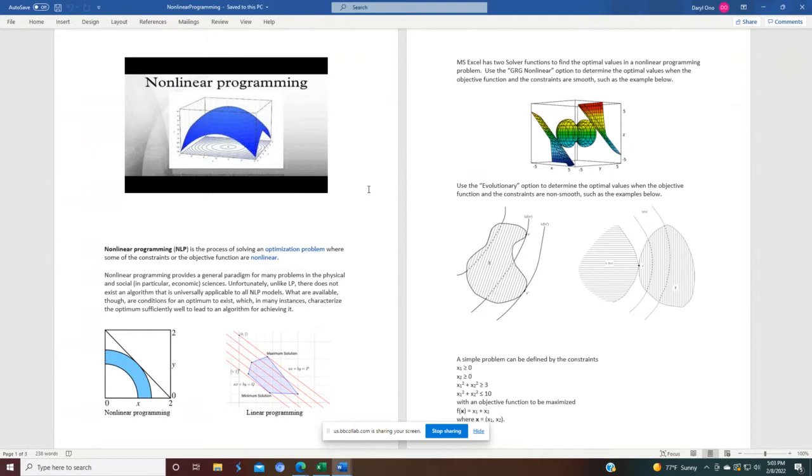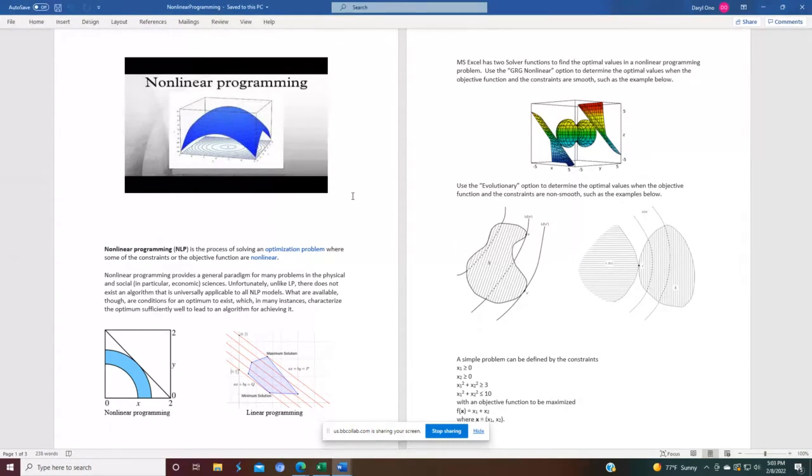When we were doing linear programming and integer programming, either one, we assumed that the constraints, objective functions, and so on were all straight lines.